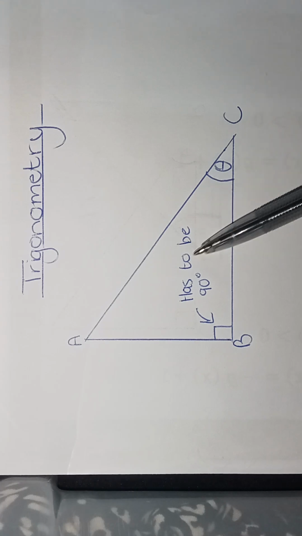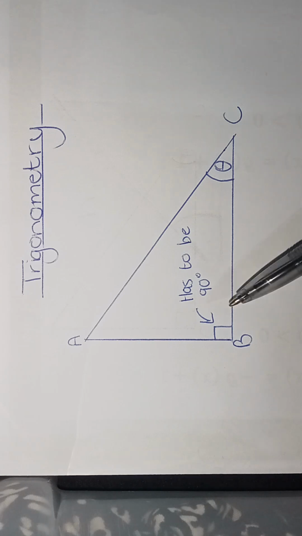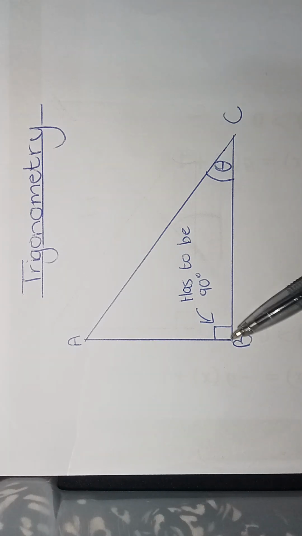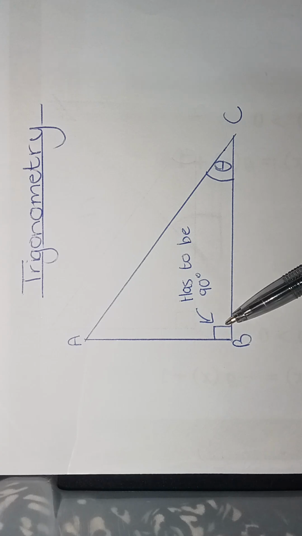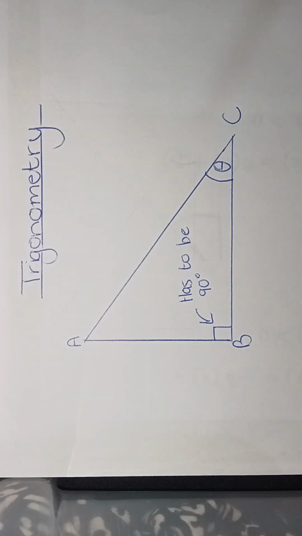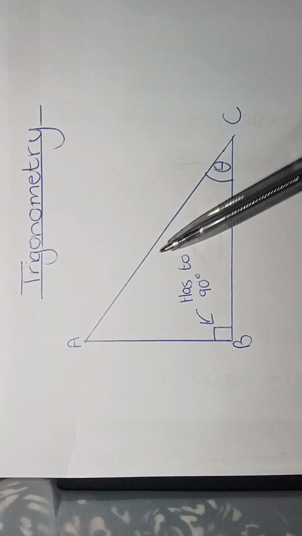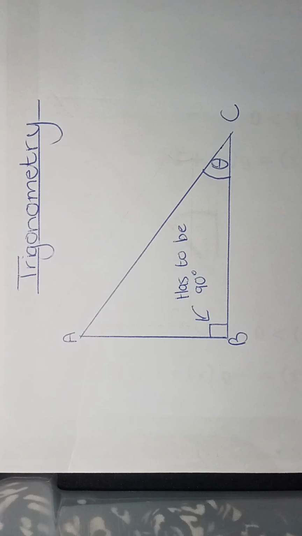Otherwise, you cannot use trigonometry. It's exactly the same for the Pythagorean theorem: there must be a 90-degree angle, otherwise you cannot use Pythagoras. The same for trig.